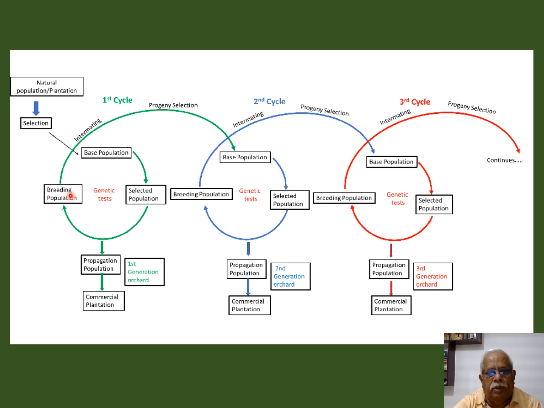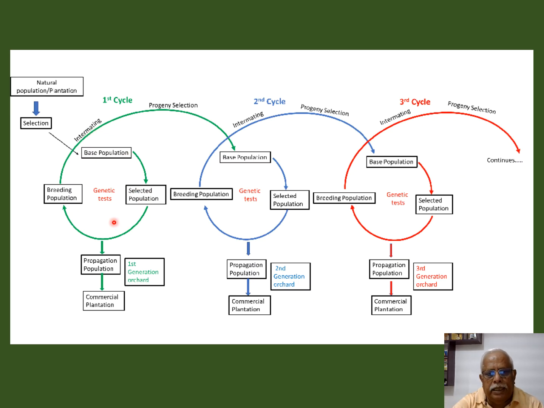This breeding population, we allow them to mate and collect the seeds from here. Please remember, we are collecting the seeds from these selected trees and we use them as a base population for the next generation breeding. So this we call the first generation breeding, which I have represented with the green circle.